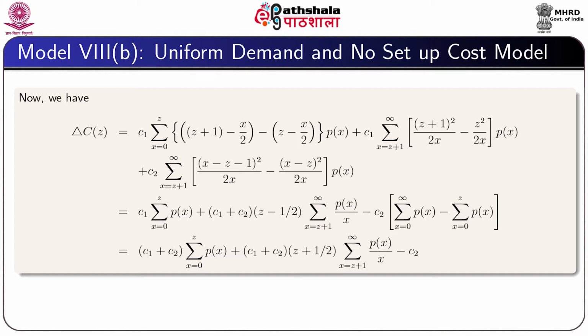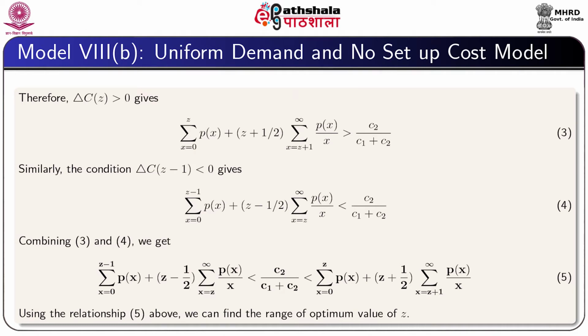After some simplifications, we get delta C(z) equal to (C1 plus C2) whole into sigma x equal to 0 to z p(x) plus (C1 plus C2) whole into (z plus half) into sigma x equal to z plus 1 to infinity p(x) by x, minus C2.